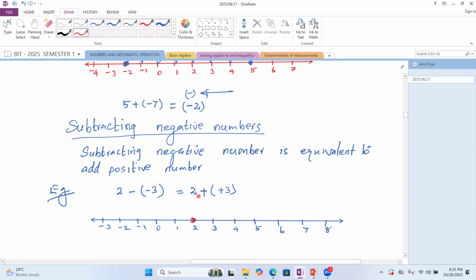Then subtracting a negative number is equivalent to adding a positive number. So we add 3 units in the positive direction: 1, 2, 3. So we get the result: 2 minus -3 is equal to 5.